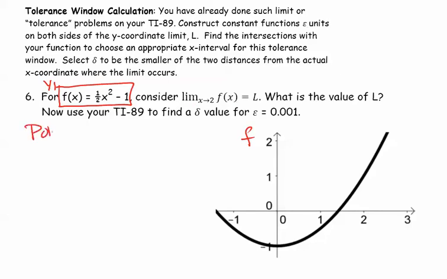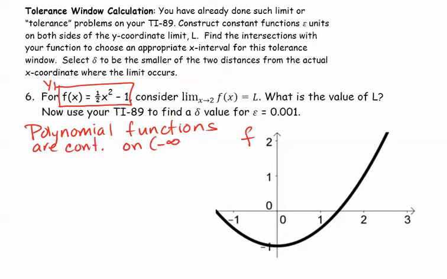Well, we know that polynomial functions are continuous on all real numbers. Thus, the limit can be found by direct substitution. So the limit as x goes to 2 of f of x is simply equal to f of 2.